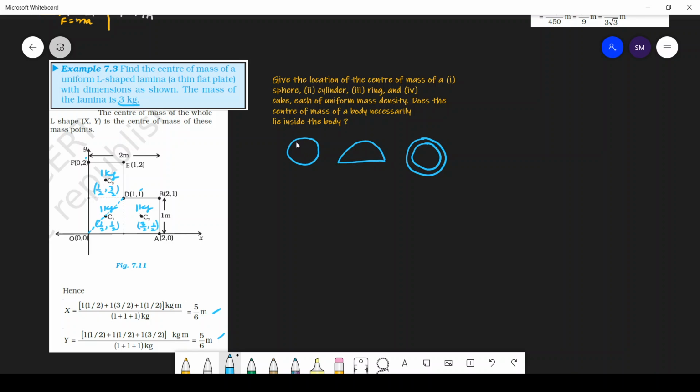So if it's a sphere, obviously center of mass will lie in it. If it's suppose a hemisphere also, so center of mass will lie inside it. But if it's suppose a ring, so obviously center of mass will not lie on the ring, it will lie in the middle.